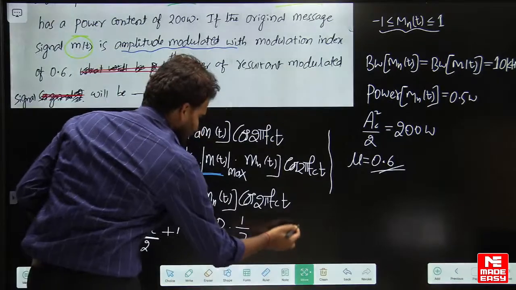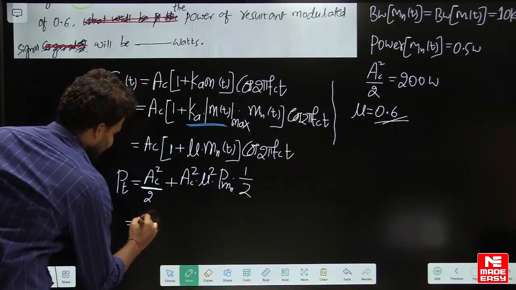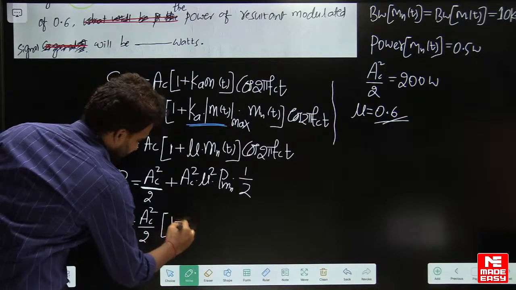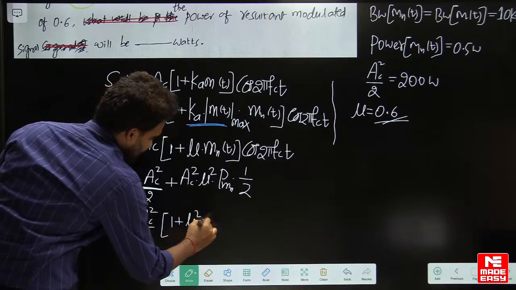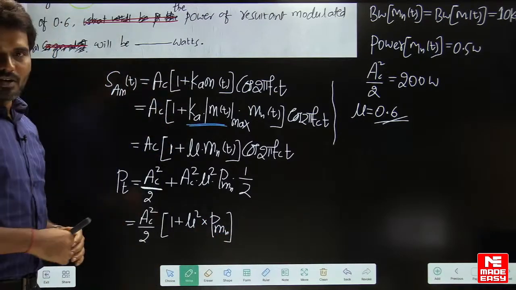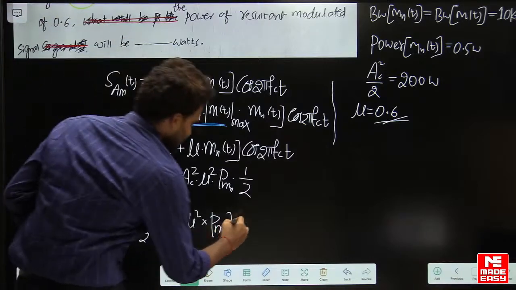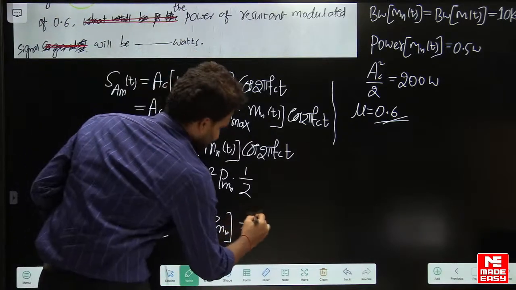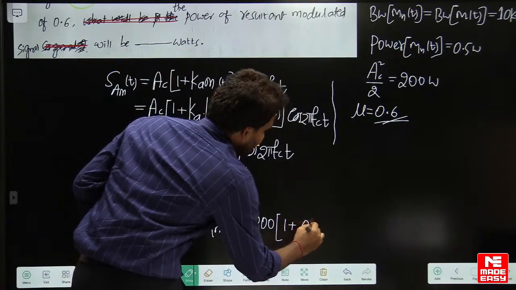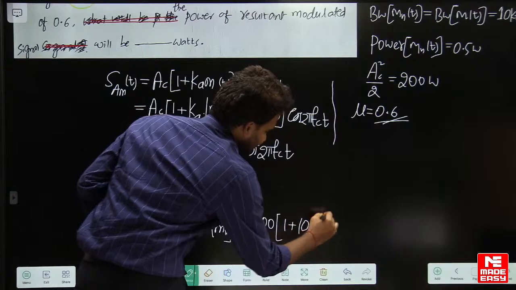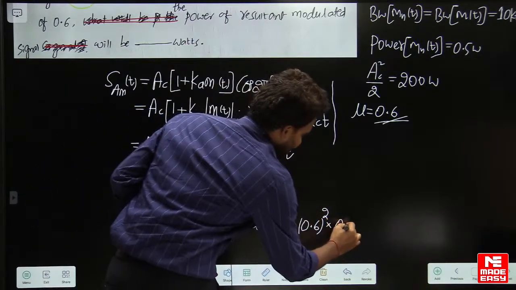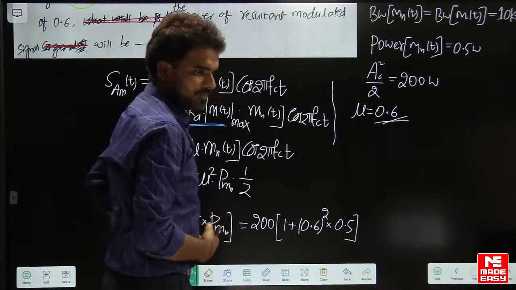Then let me rewrite it like this. If you take AC squared by 2 common, this is 1 plus mu square into the power of the normalized message signal. If you substitute here, AC squared by 2 is 200, 1 plus mu is given as 0.6, squared, into the power of the normalized message signal, 0.5.